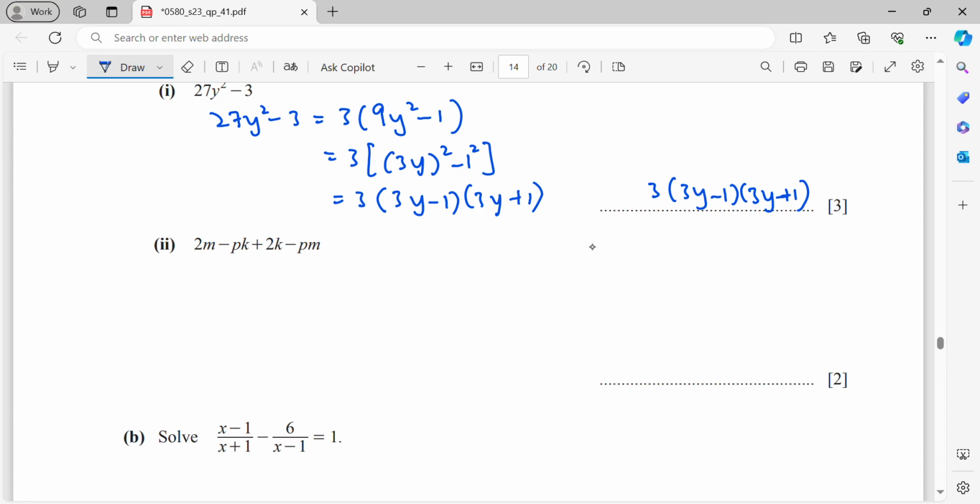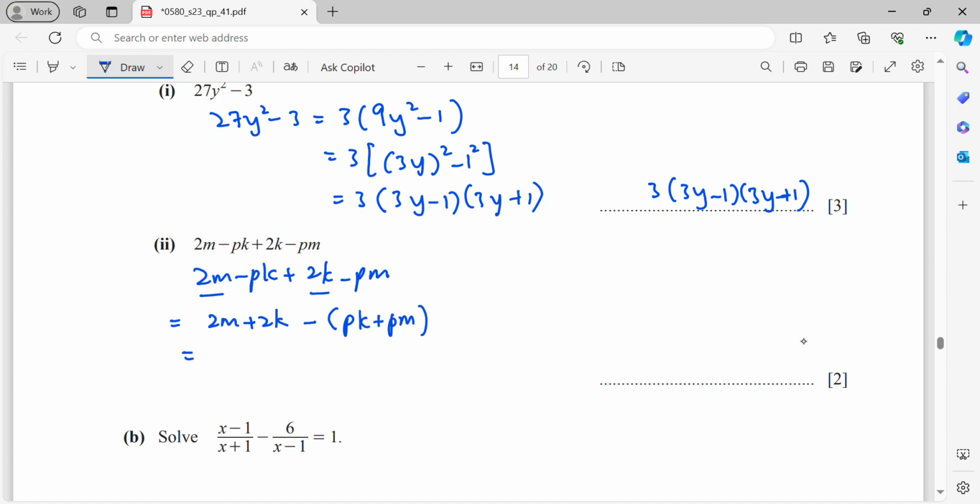Now for part 2, factorize 2m minus pk plus 2k minus pm. So I will group the 2m and 2k first. So I rearrange. Then for the both minus, I will factorize the minus bracket km plus pk plus pm.